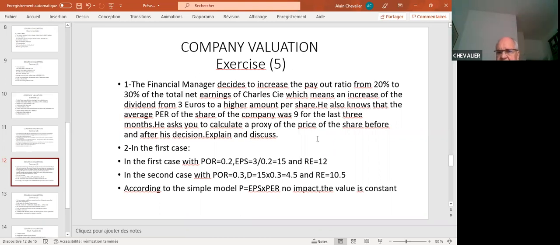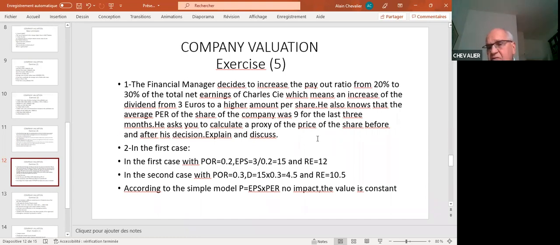If now you say, I think that on the contrary, there is a connection between the level of total equity, the debt equity ratio, and the value of the company, you understand that it is much better to have a 20% dividend policy than a 30% dividend policy, and that the first case is better than the second one.